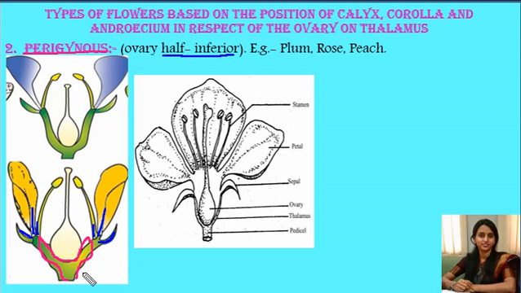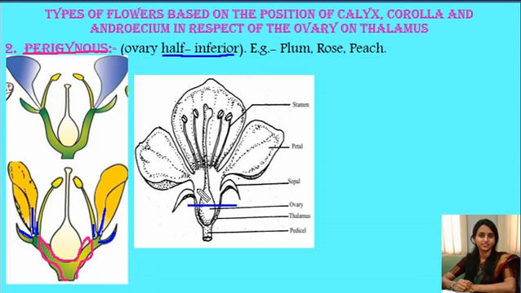These two diagrams I have taken from your textbook. Here also it's very clear in this diagram, the position of the ovary is half inferior. Half part of the ovary is inside the thalamus, whereas half of the ovary is outside the thalamus, whereas other floral whorls are situated at the rim of the thalamus. So this is about the perigynous flowers.